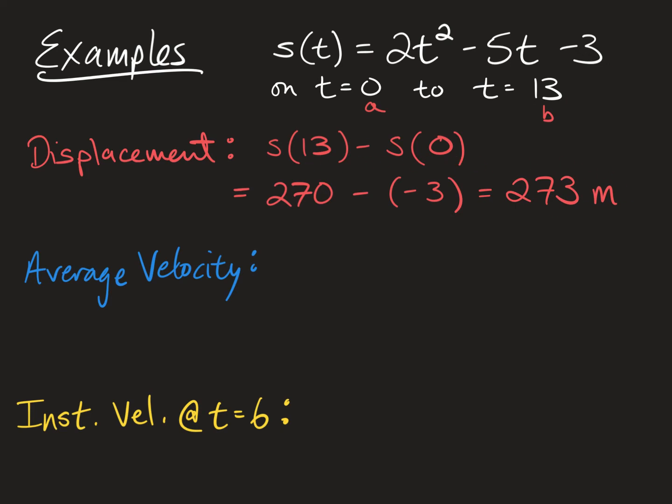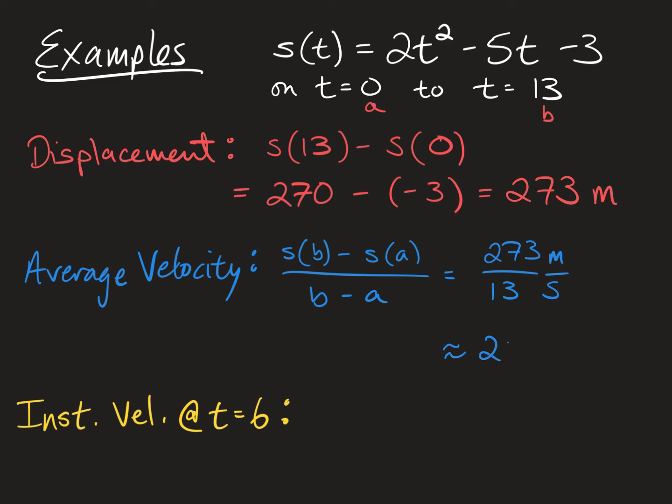All divided by b minus a, which again are going to be times. That gives about 21.0769 meters per second. And then if you need to, you can round that to any decimal place that makes the most sense for the situation you're in.